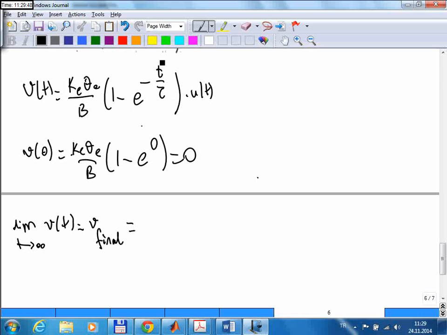So as t goes to infinity, from that exponential, I get 0 here, right? The value of this part becomes 0. So this final speed of the car is given by that part.